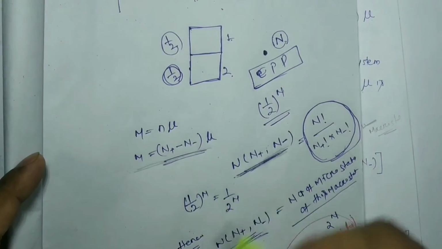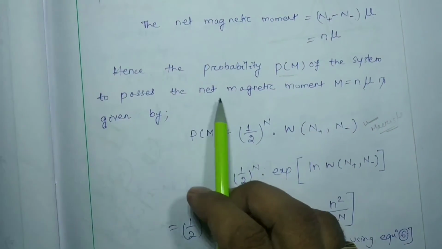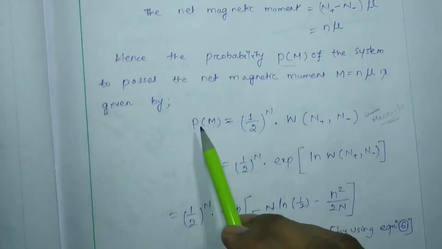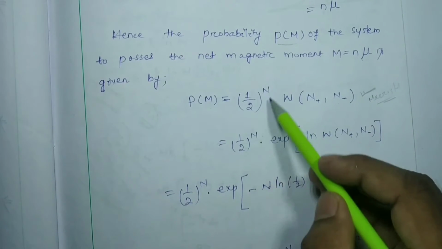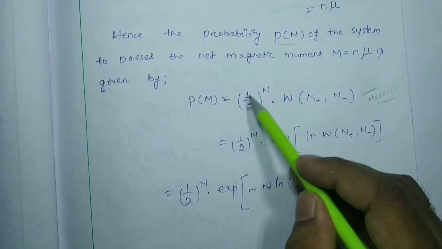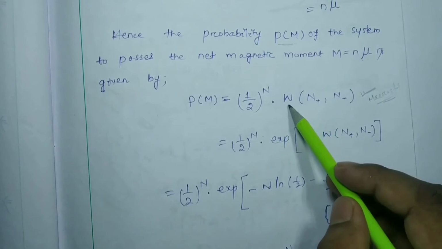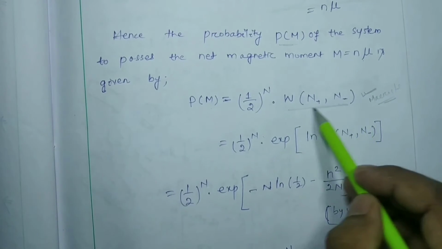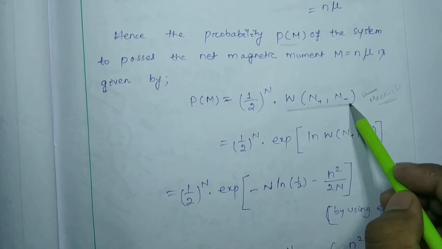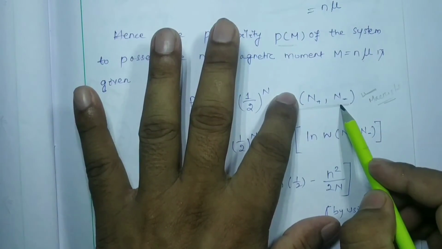So for this macrostate the probability, that is P(m), will be equal to the total probability 1 by 2 to the power N into the number of microstates. This represents the number of microstates of the macrostate (n plus, n minus).